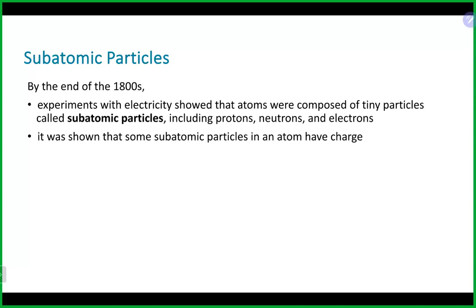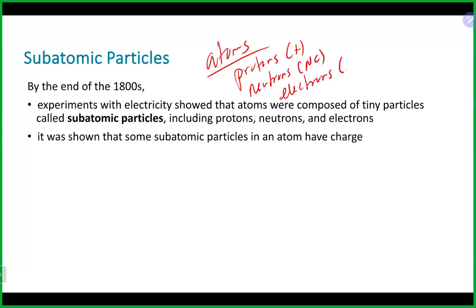So by the end of the 1800s, a lot of experiments were done, and it was really believed that although atoms are extremely small, they did contain a subatomic structure, and they did contain subatomic particles. And those 3 particles, as you may be familiar with, are protons, which are positively charged, neutrons, which have no charge, and electrons, which have a negative charge.